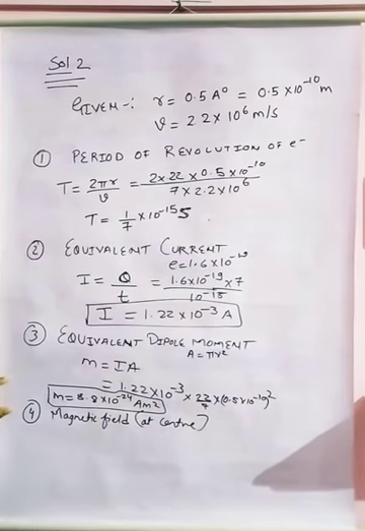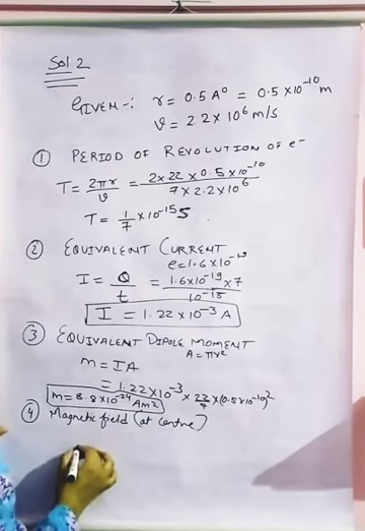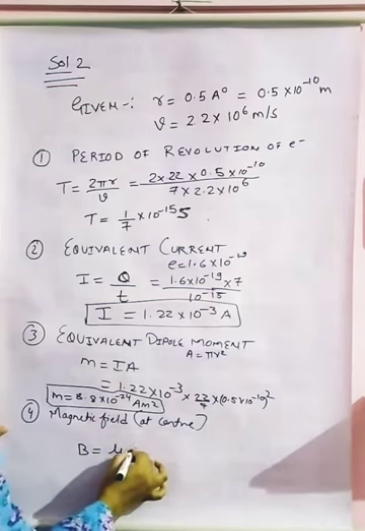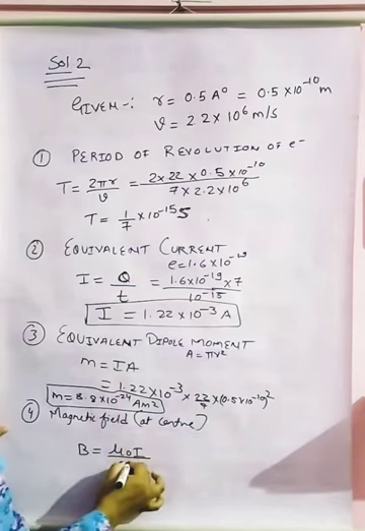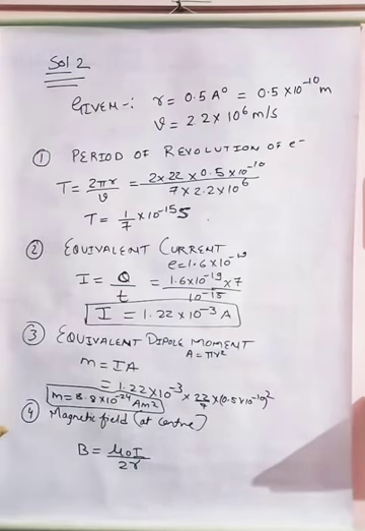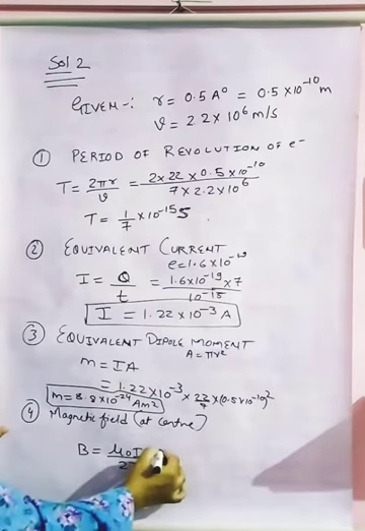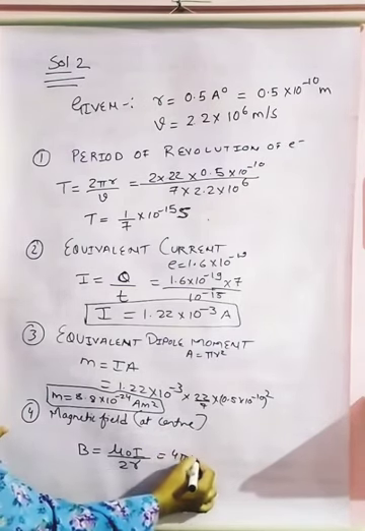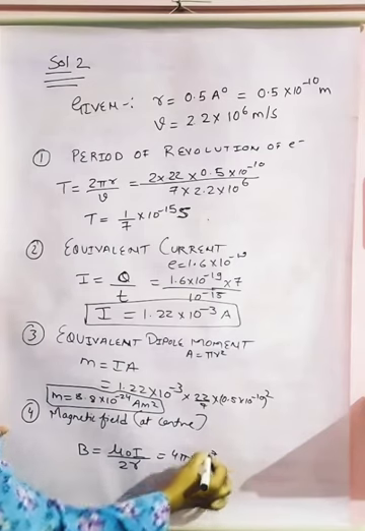Okay, now we need to calculate the magnetic field. The magnetic field formula at the center, again, will be mu naught I upon 2r. So what will be the answer? We have the value of mu naught, we have the value of I, we have the value of 2, we have the value of r. So substitute. This value will be 4 pi into 10 to the power minus 7.